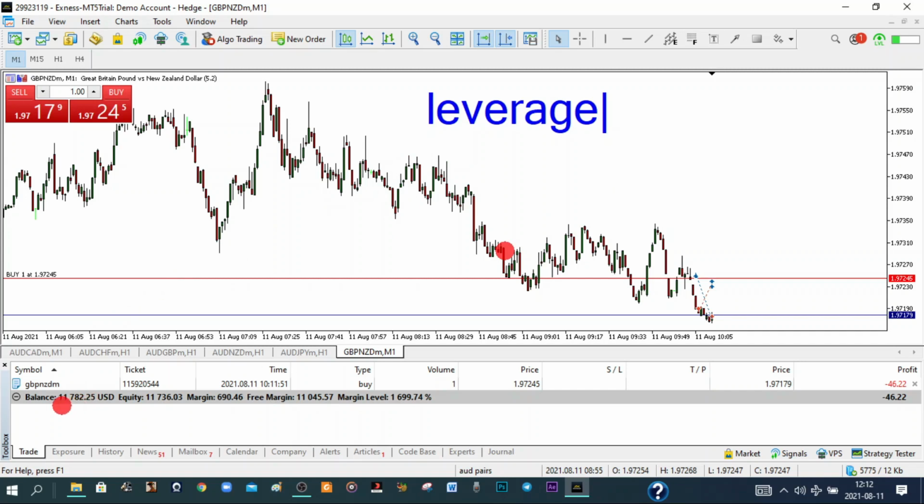So in other words, I can trade money that is up to 11,782 times 1,000, which is going to give me 11,782,000.